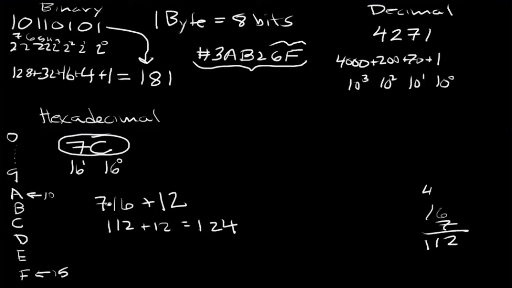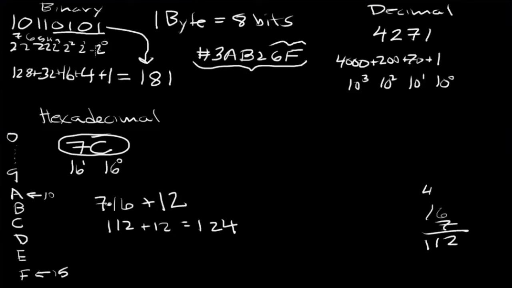Now, it turns out you can actually convert binary to hexadecimal really easily, because if you look carefully, the first 4 digits of binary, 0, 1, 2, 3, well, 2 to the third is 8, and the next digit would be 16.